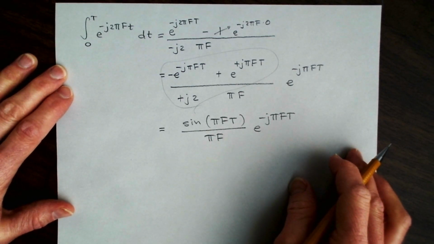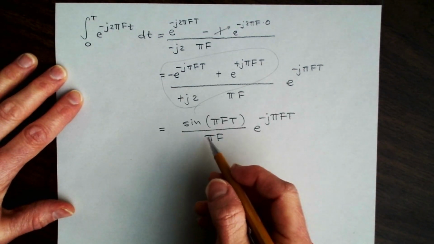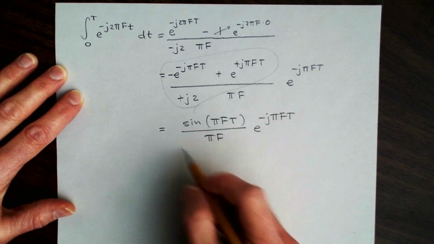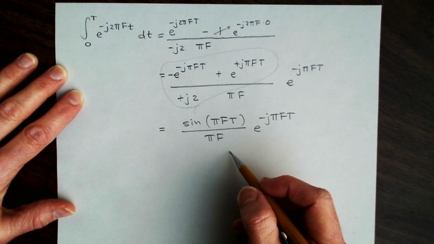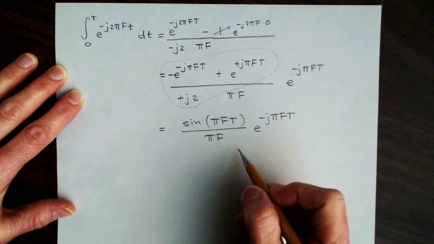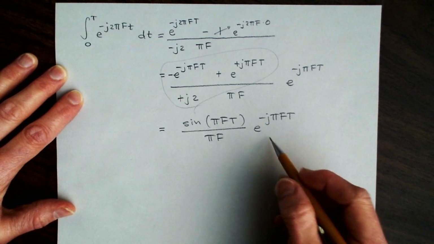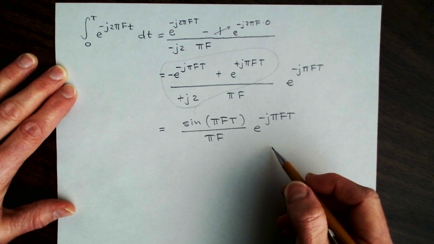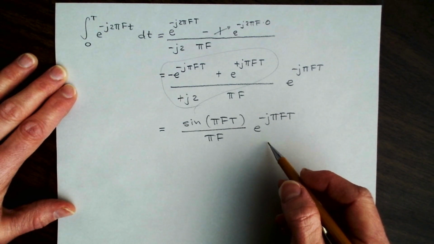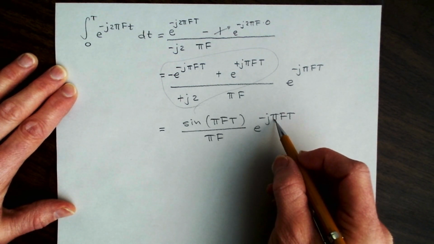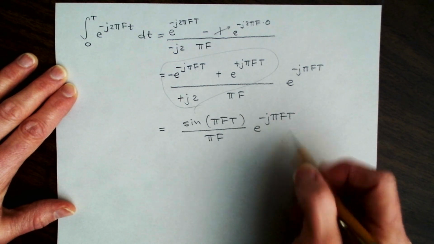So we could use the same sorts of tricks here to make a quick sketch of this function. What makes the sketch here a little more complicated is that we have this complex exponential hanging out, which makes it inconvenient. But remember that the complex exponential is really cosine of pi f t minus j sine of pi f t.